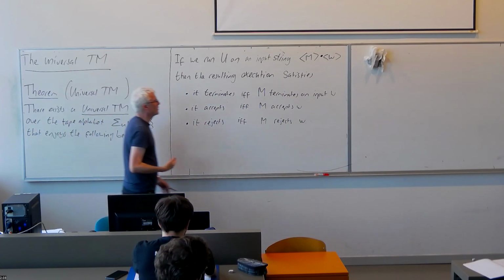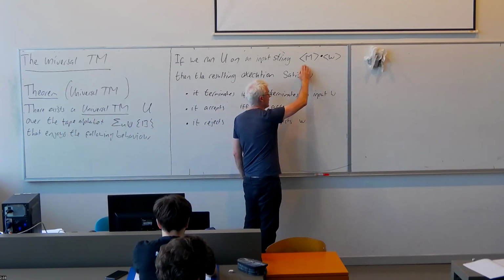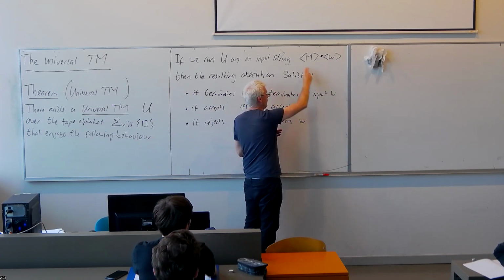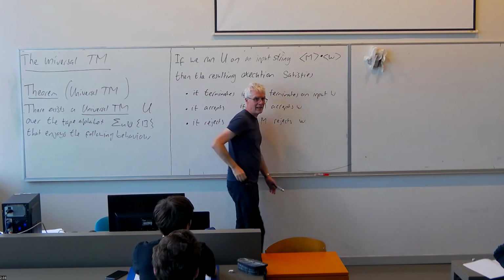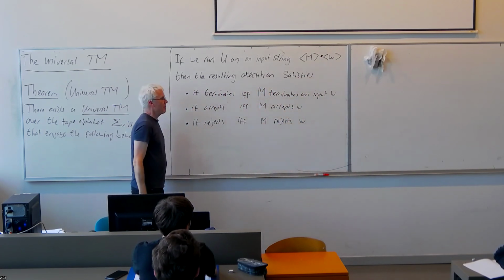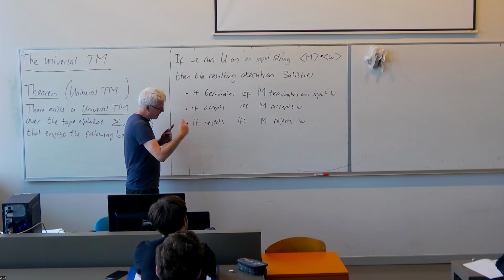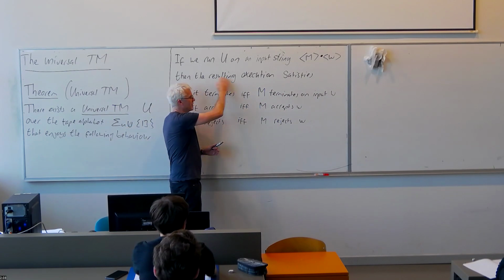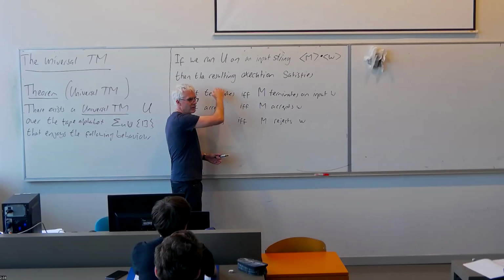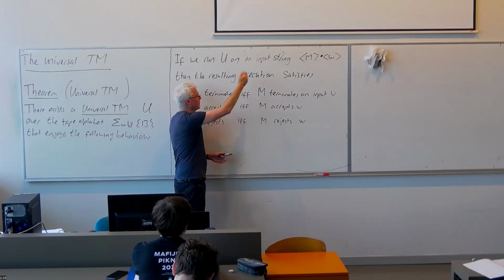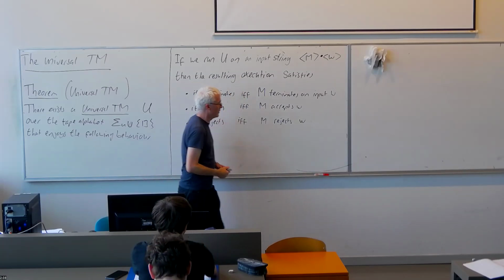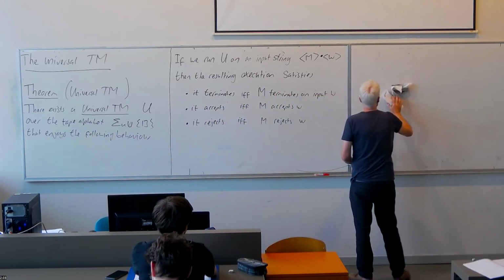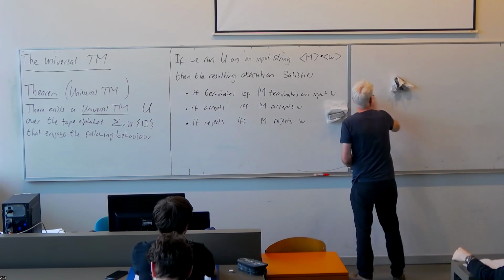The execution of M is going to be a sequence of configurations of the Turing machine M. And that execution, step by step, we want to translate into a sequence of executions of the universal Turing machine having been given that input. So the key idea is this, which I'm going to do with a picture.